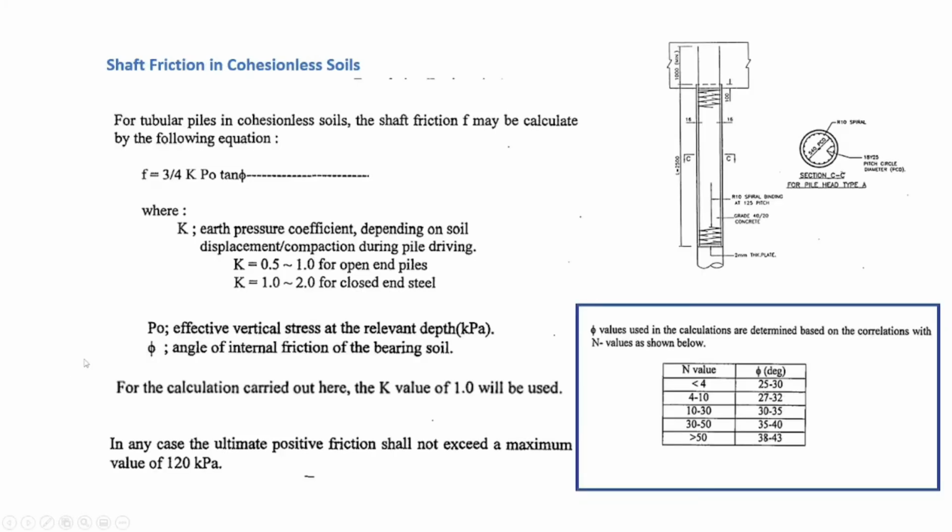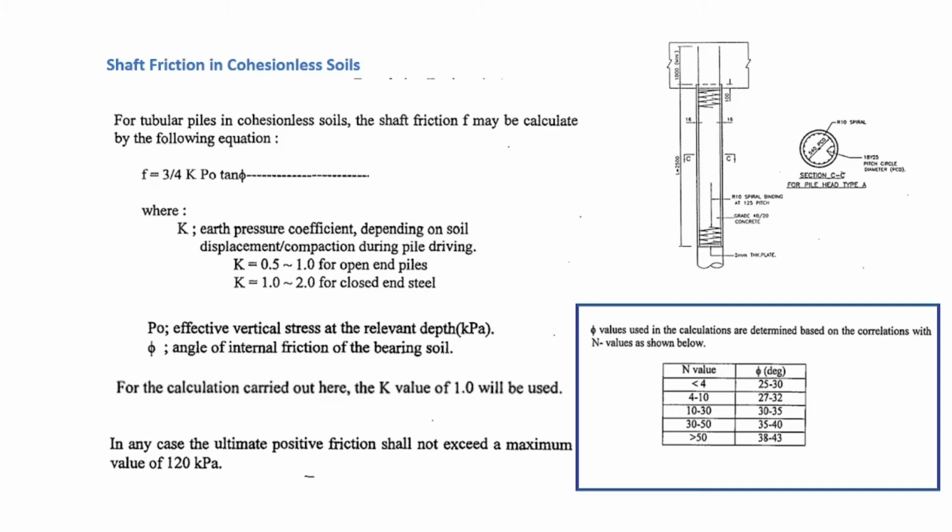Next, we are going to talk about the shaft friction in cohesionless soils. For tubular piles in cohesionless soil, the shaft friction F may be calculated by the following equation. F equals 3 divided by 4 multiplied by K, which is the earth pressure coefficient, multiplied by P0, which is effective vertical stress, and multiplied by tan of the angle of internal friction.